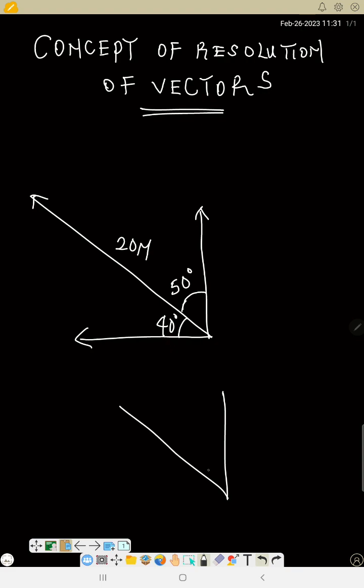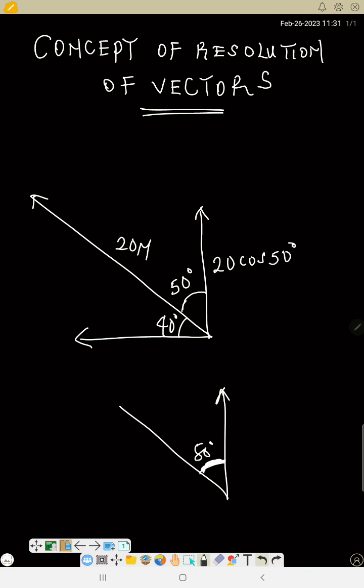Let me sketch it, you see it is touching the vertical. So the 50 is touching the vertical. That means where that 50 is touching is cos. That means this place is cos. Then here must be 20 cos theta. That means the vertical is 20 cos 50, like that.